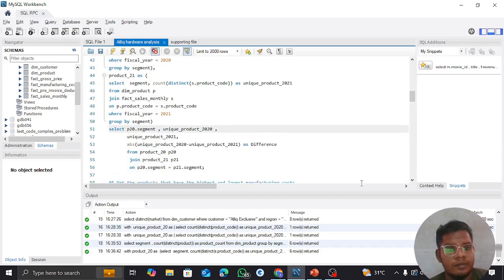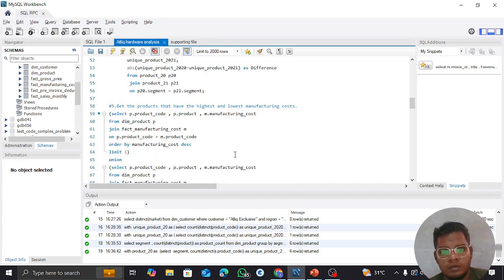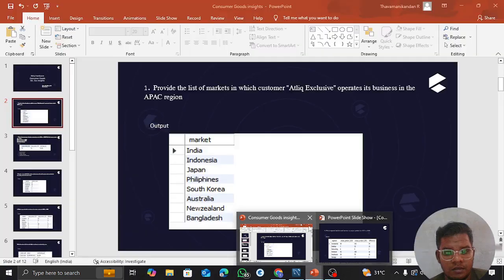And here we make some other new column from those CTEs. It's 2020 minus 2021, we get the difference, and we make the join and we'll get the output. Okay, that's the thing. And then we'll move to the next slide.